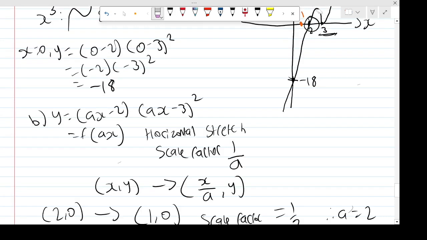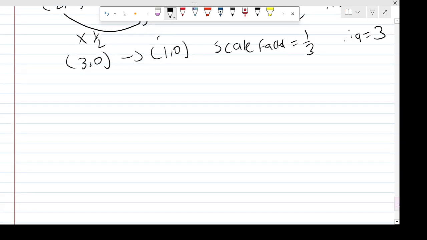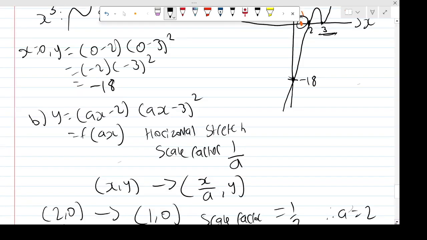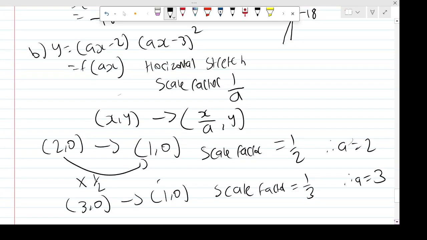So the only way I can get the new point 1, 0 is if the old points have a y value of 0 as well, and then times the x values by something to get to 1, and that's what I did. So these 2 points again are at 2, 0 and 3, 0. So I did 2 times a half to get to 1 and 3 times a third, and that gives me my multiplier, my scale factor, which would be 1 over a.